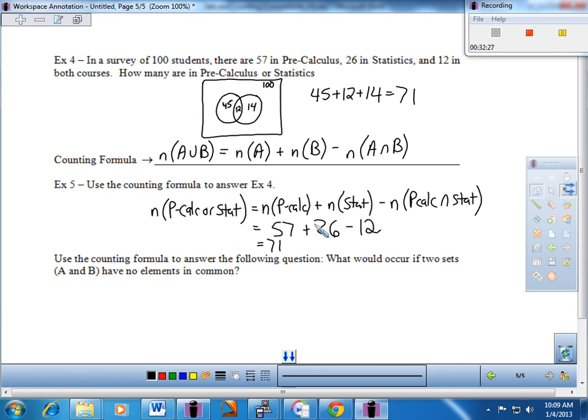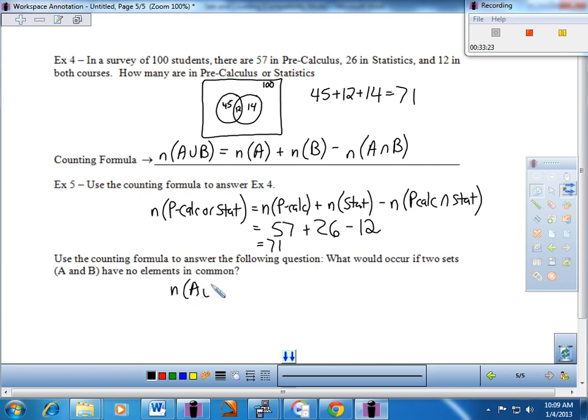It says use the counting formula to answer the following question: what would occur if the two sets, A and B, have no elements in common? Then very simply, the intersection would be 0. And so we would just do this.